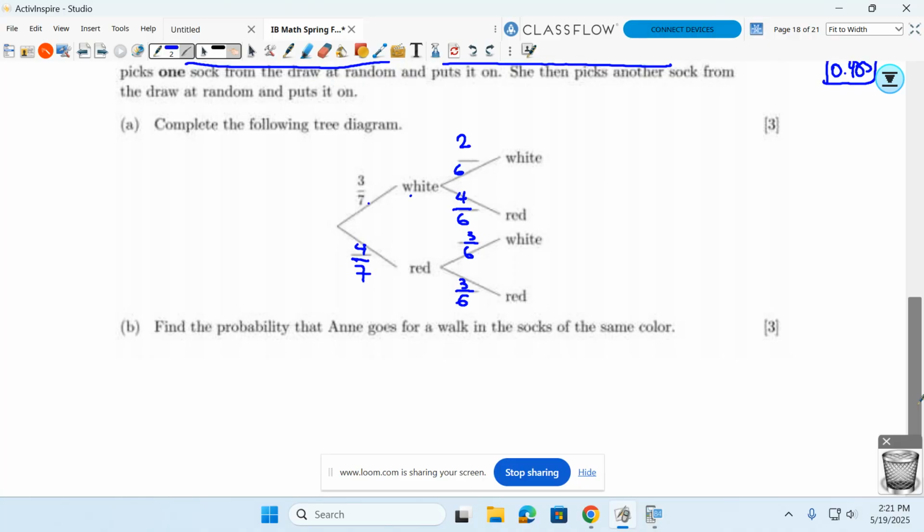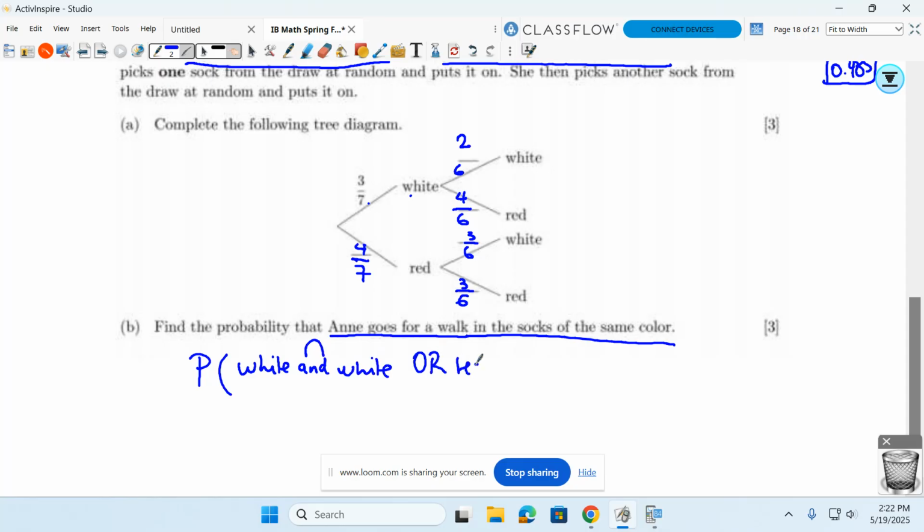Next step, find the probability that Anne goes for a walk in socks of the same color. How can they be the same color? They're either white and white, or red and red.